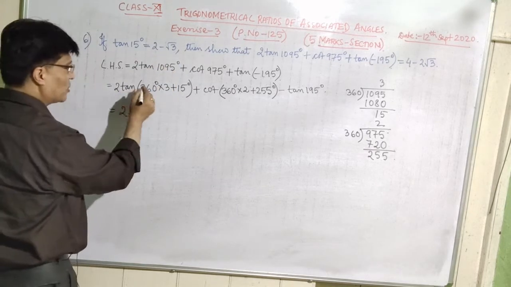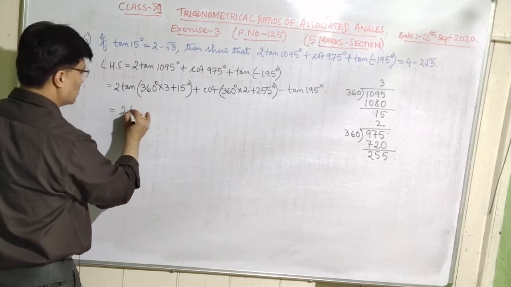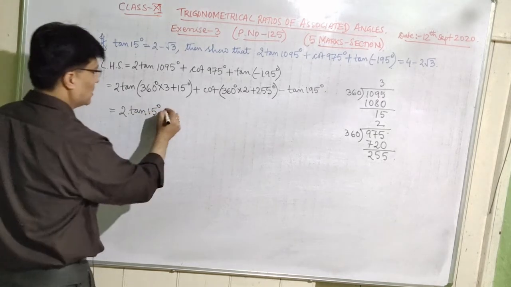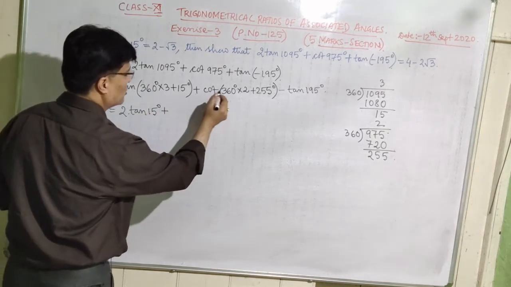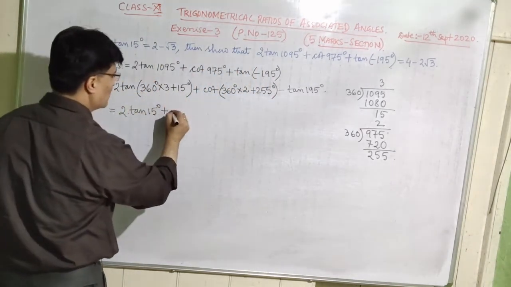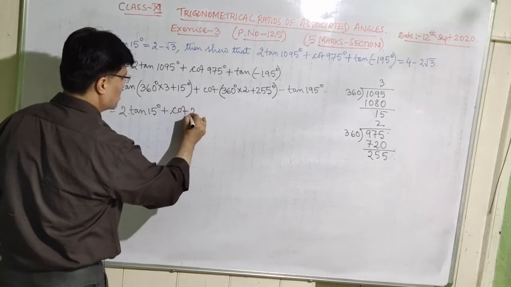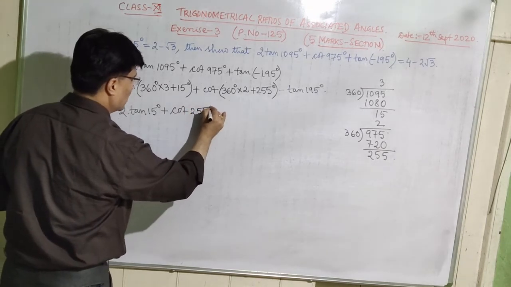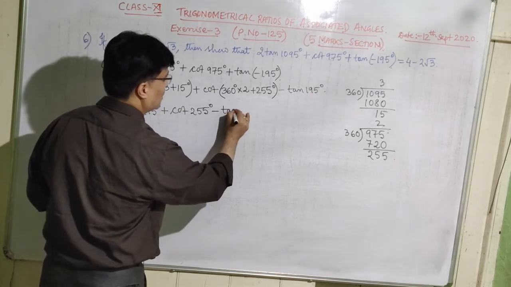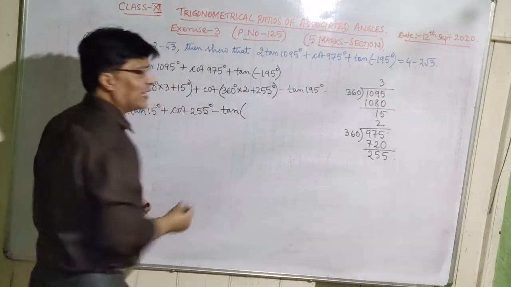In the 1st quadrant tan is always positive. So it is tan 15 degree, right? Plus this is also 360 into 2 plus theta lies in the 1st quadrant. In the 1st quadrant cot is always positive. So it is cot 255 degree, and then minus tan of, here this is 195 degree.